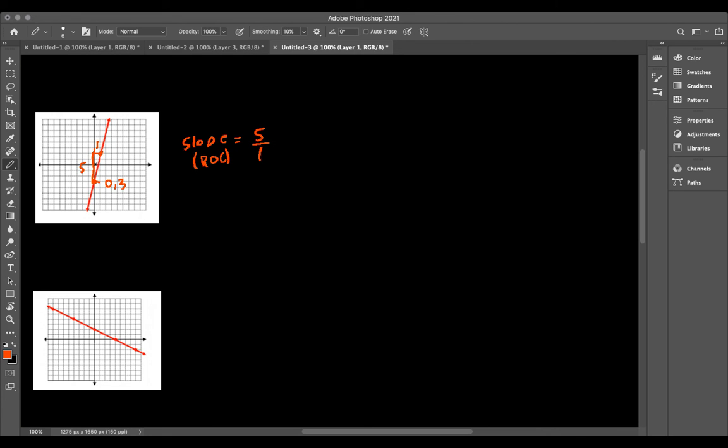And let's go over 1 to the right and up 2. Yeah, it would be over 1 to the right, up 2. All right, so let's do some math here to figure this out.